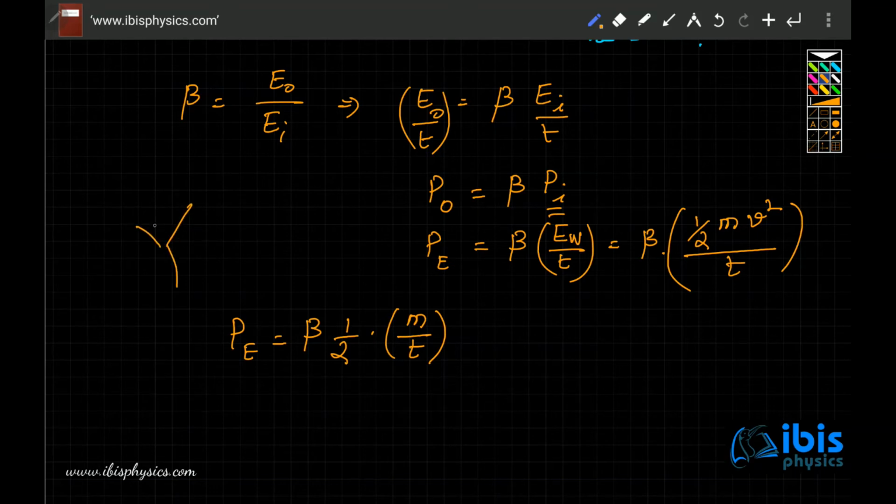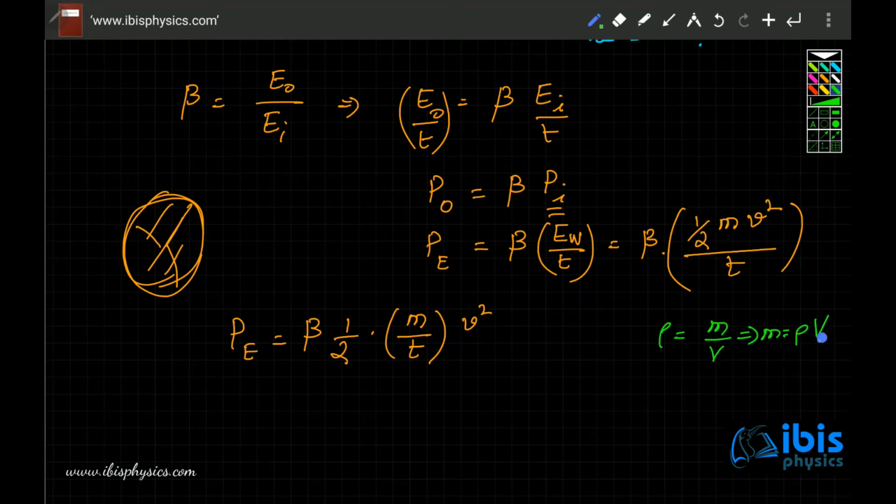Suppose this is the windmill and it is rotating. Within this area, how much mass of air is passing through per unit time, into v square. We know that density equals mass by volume, then mass is equal to density into volume. So density is more appropriate because we can easily calculate the density of air.